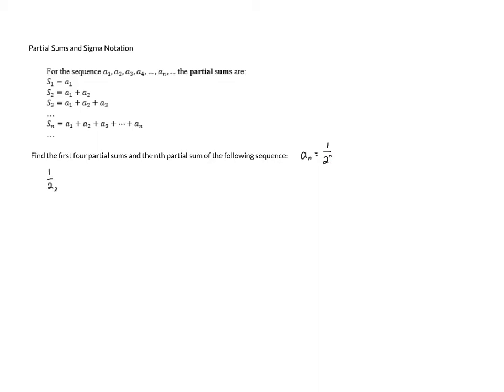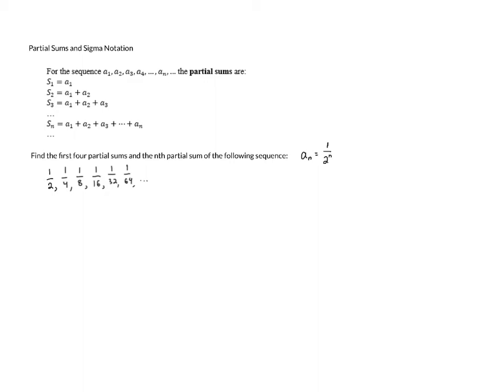The second term is going to be 1 over 2 to the second power, which is going to be 1/4. The third term is 1 over 2 to the third power, which is 1/8. The fourth term is 1 over 2 to the fourth power, which is 1/16. And we can continue 1/32, 1/64, etc.